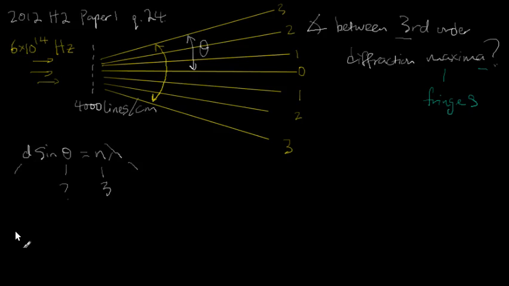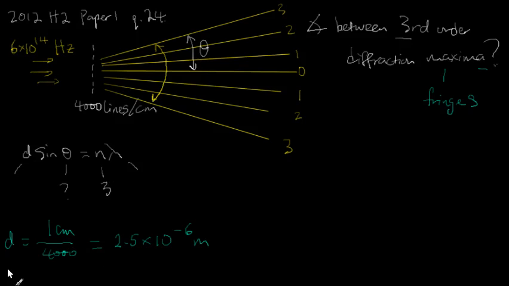Right, let's start with d. If there are 4,000 lines per centimeter, then d, the spacing between the lines, will be 1 centimeter divided by 4,000. We use our calculator to work this out. That will be 2.5 times 10 to the power of minus 6 meter. Okay, then the next thing is to find lambda from the frequency.